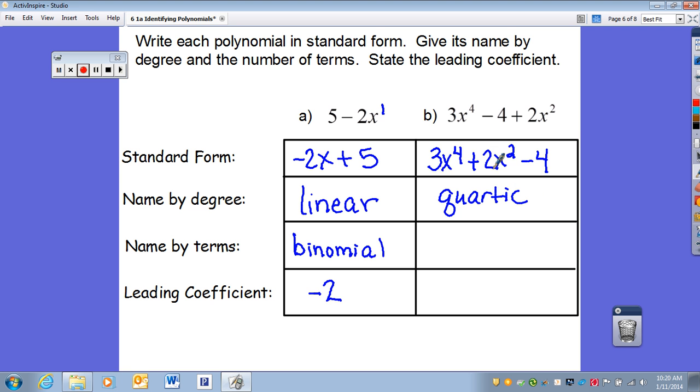Naming this by its terms, there are 1, 2, 3 terms or units, so this is called a trinomial. And the leading coefficient is the number out front, which is the number 3.